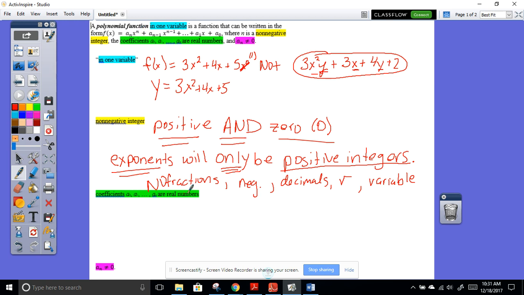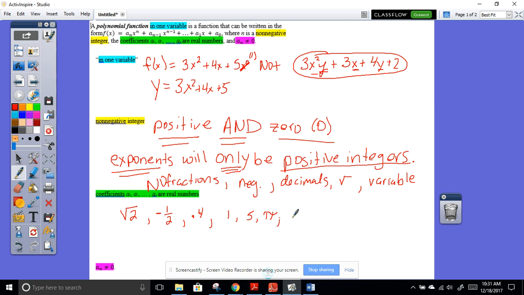So this is just saying that our coefficients will be real numbers. Now remember, real numbers can be square roots, they can be decimals, they can be negative, they can be fractions. So these are all the things that our coefficients can be, and they can, of course, just be regular numbers like 1, 2, 5. Ooh, they could be pi.